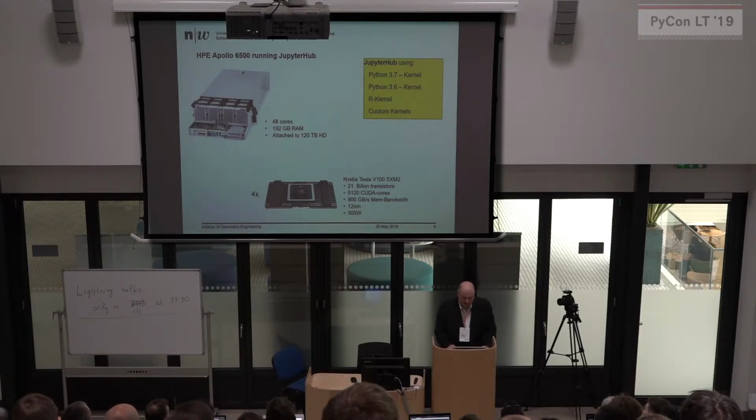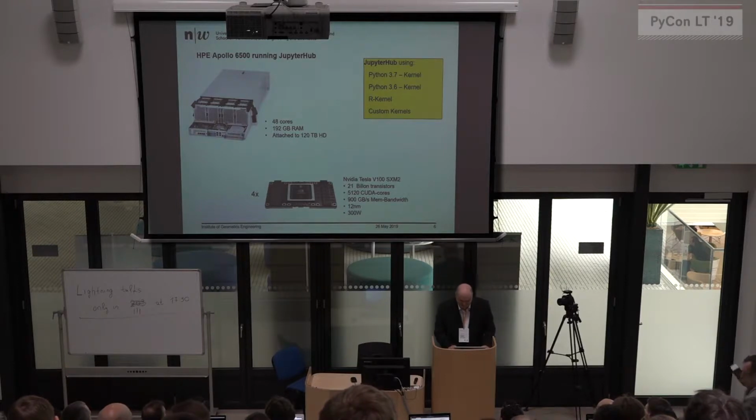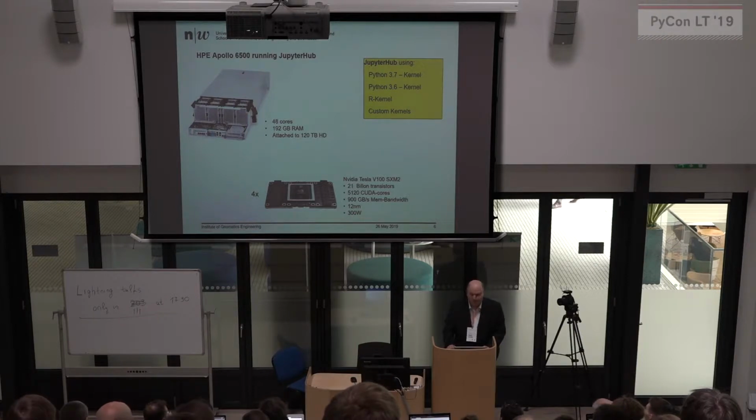And we can do many things with that, especially deep learning, of course. And it's really, really fast. With over 5,000 CUDA cores per GPU, it's astonishing. The drawback, of course, you see it's 300 watts per GPU. So yeah, actually we are using the heat from the server to heat our building, so it's not that bad.